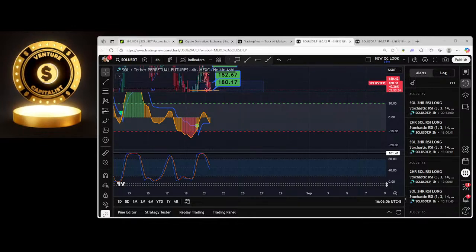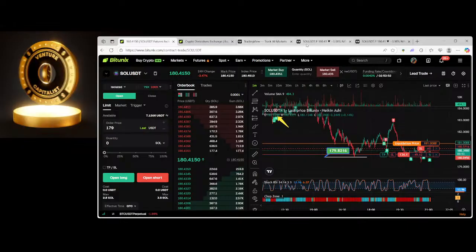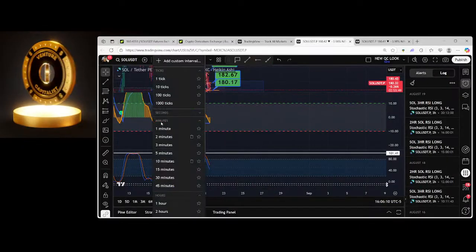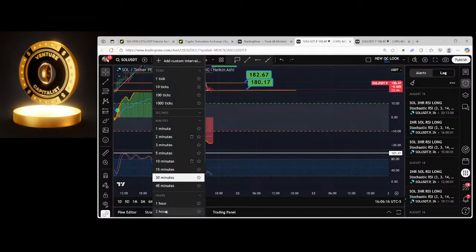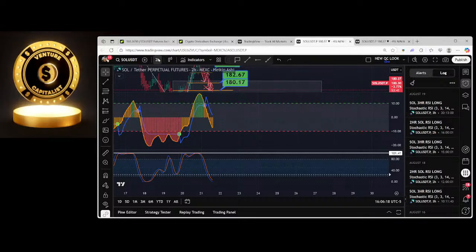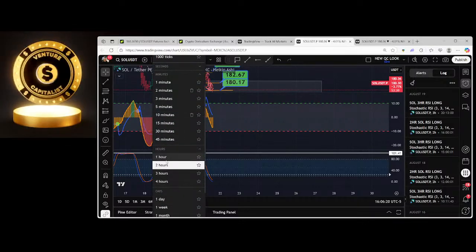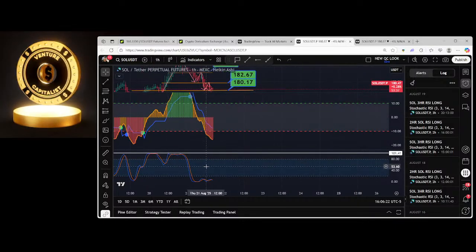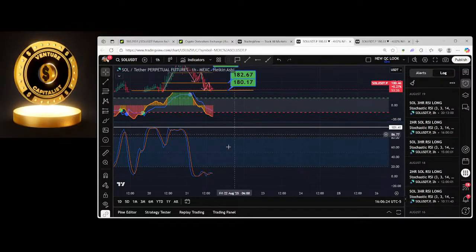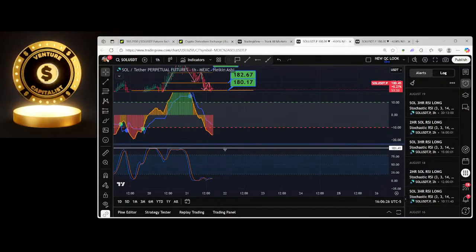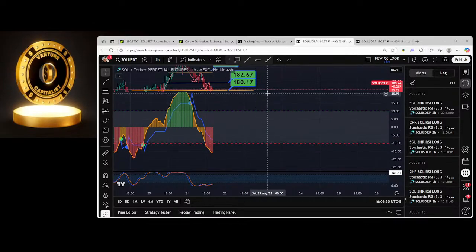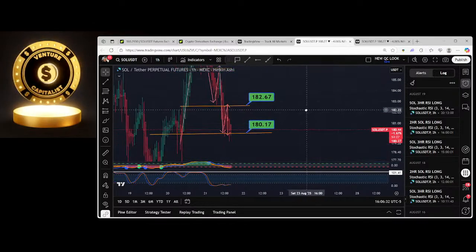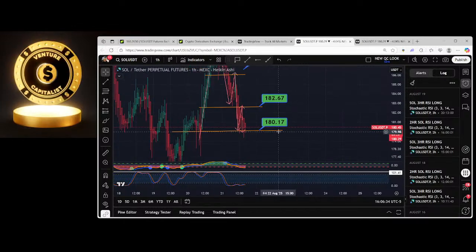And the reason why we have a 4-hour long is basically just to trade the most effective trade. And that's just the most effective trade. So right now this is what we call riding the waves. And that's where we're at right now.